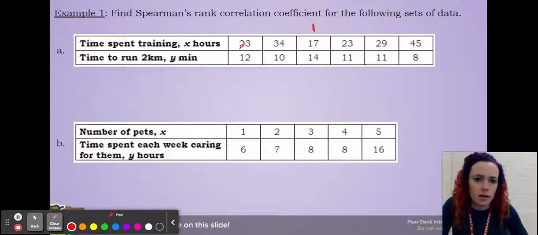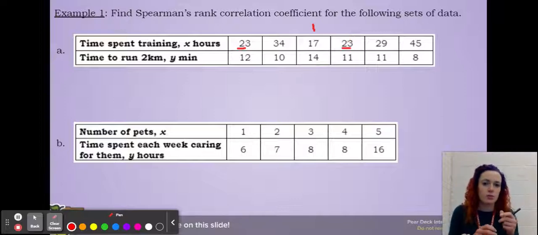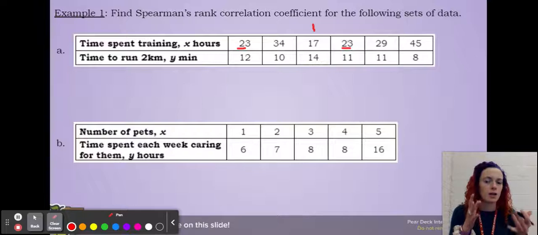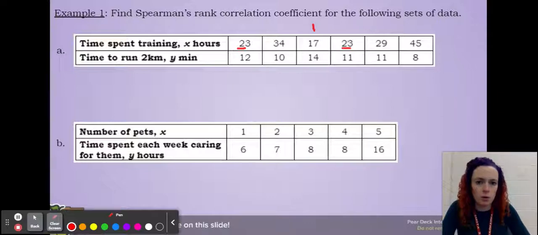If you notice, my next lowest is a 23, but I have 2 of them. So they would get a 2 or a 3, right? And in order to indicate that they're both the same and not put one over the other, we're going to give both of them an average of 2 and 3, which is 2.5.